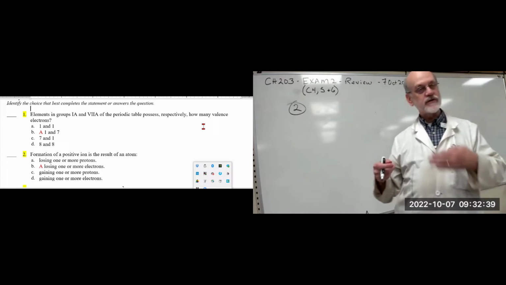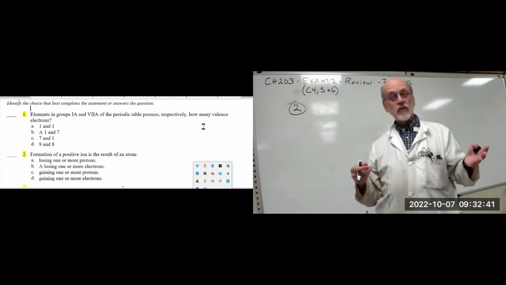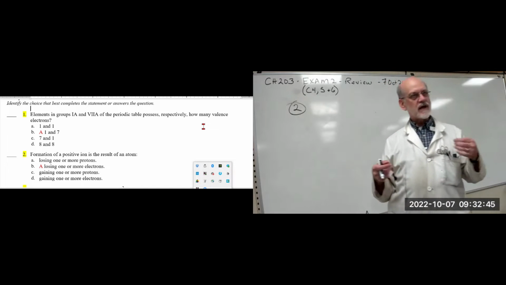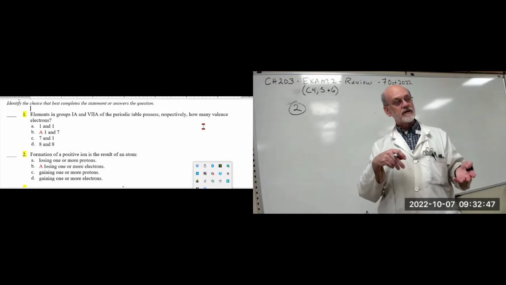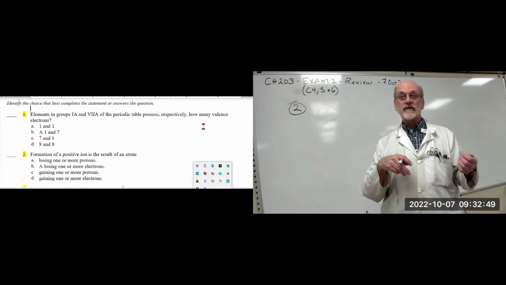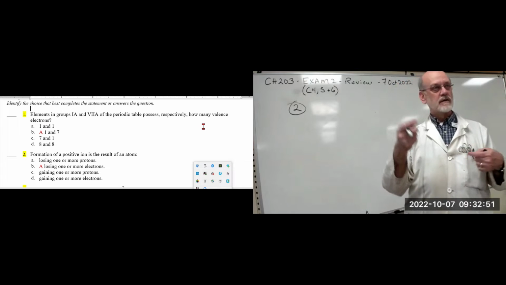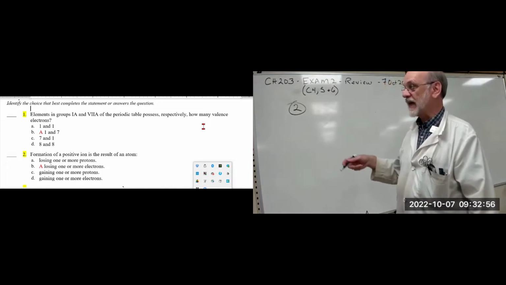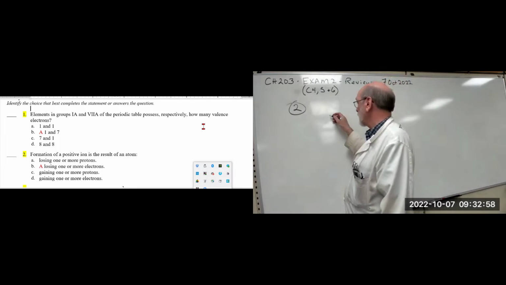The number of protons determines the element. So if you want an ion of that element, you can't mess with the protons. The only way that you can get a positive or a negative ion is to either, for positive ions, subtract electrons or add electrons for negatives. Okay, so that's why the answer is lose 1 more electron.